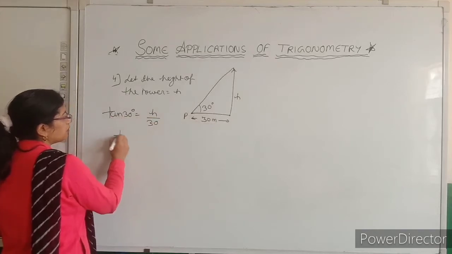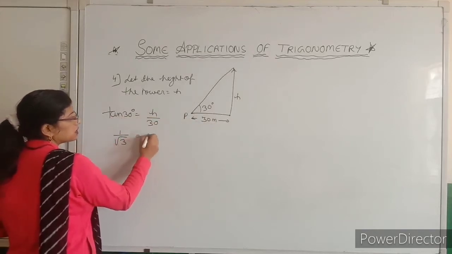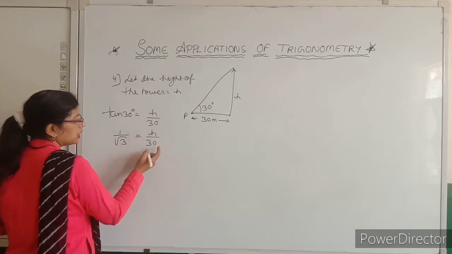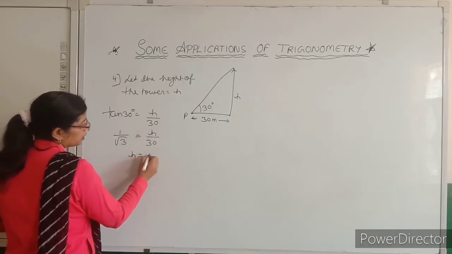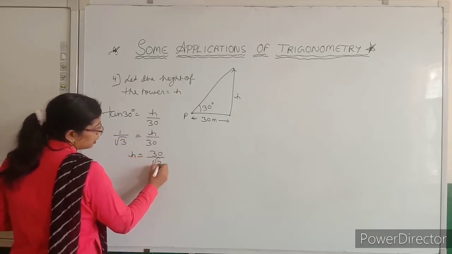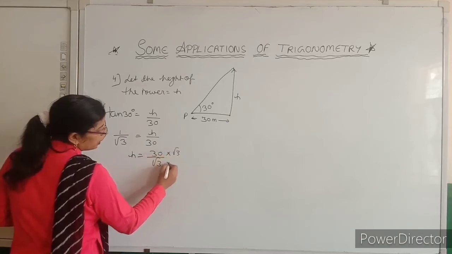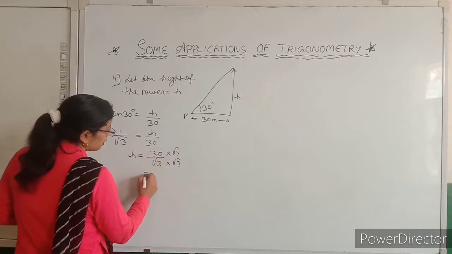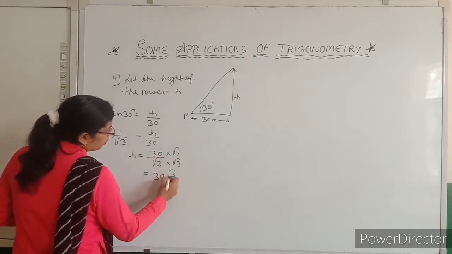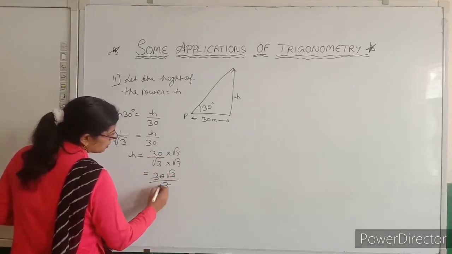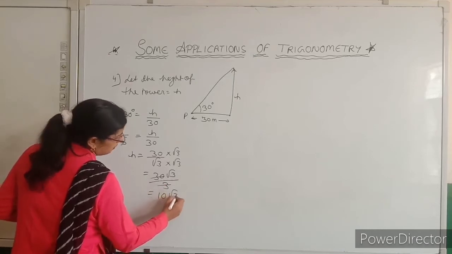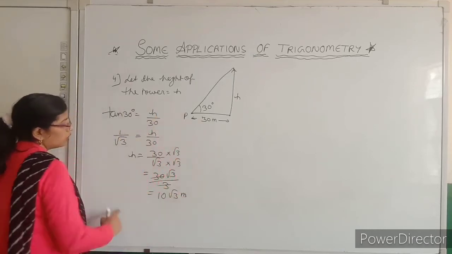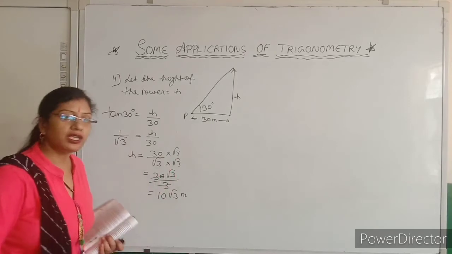What is the value of tan theta? 1 upon root 3 is equals to h upon 30. Send 30 this side, so h is equals to 30 upon root 3. So multiply root 3 and root 3, rationalize the denominator. So what will we get? 30 root 3 upon 3. So this gives 10 root 3 meter. So write the unit also. So the height of a tower is 10 root 3 meter.